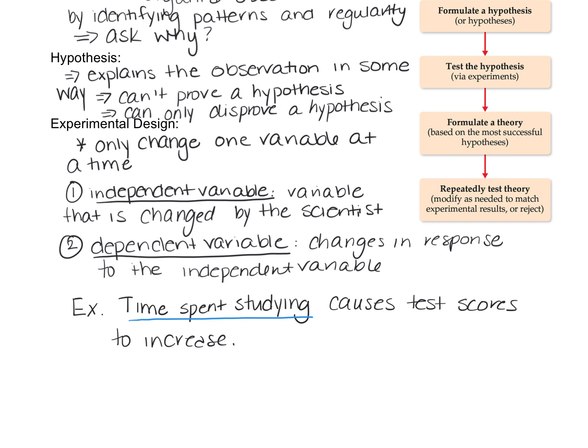So the time spent studying would be what you would be modifying there. So that's the independent variable. And then the thing that you would be measuring to see if it changed would be the test scores. So the test scores are the dependent variable.